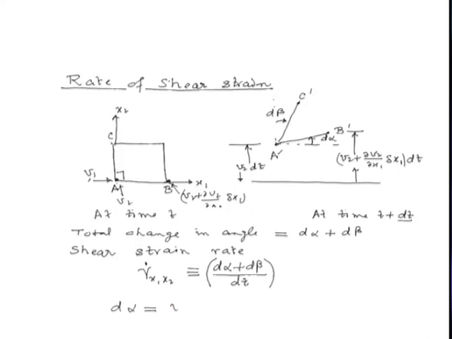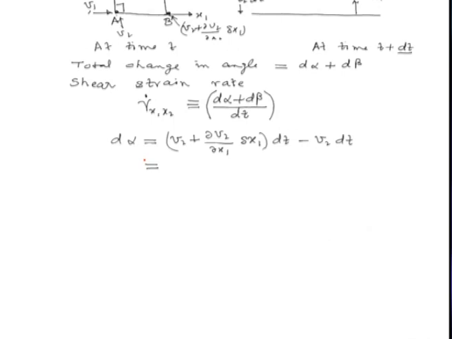So, now can you find out what is d alpha? D alpha would be v2 plus del v2 over del x1 delta x1 times dt minus v2 times dt, or in other words this is equal to del v2 over del x1 delta x1 times dt.